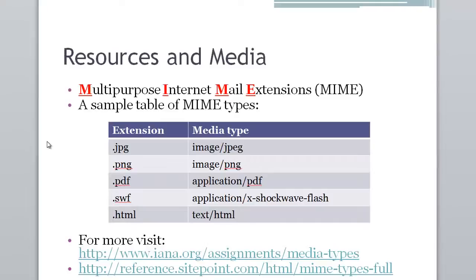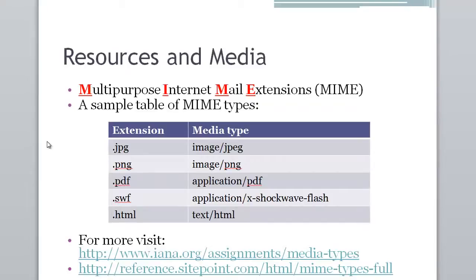In order for your web browser to recognize this data and say, okay, I would like to render this image as an image, not as text, or render that text as text, not as an image, or when I see an SWF or Flash animation, I'm going to start playing the animation in the web browser, you're going to have to provide the media type of the resource.